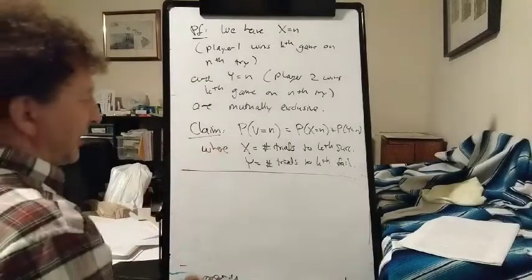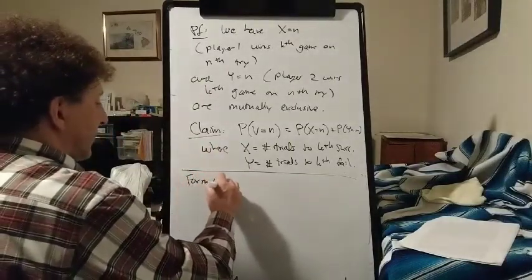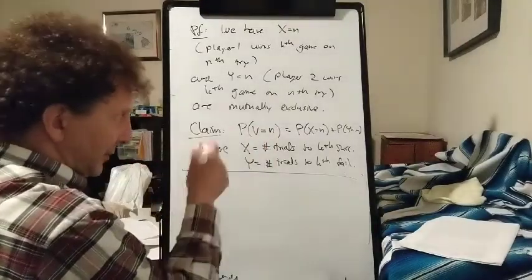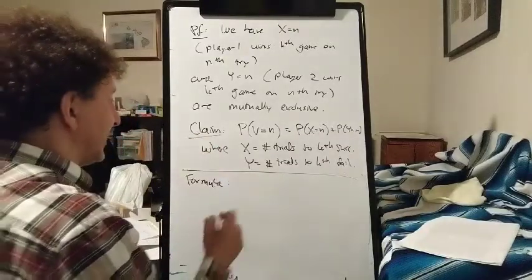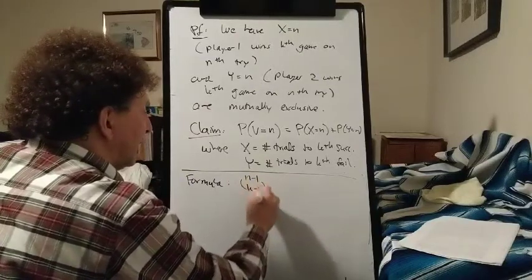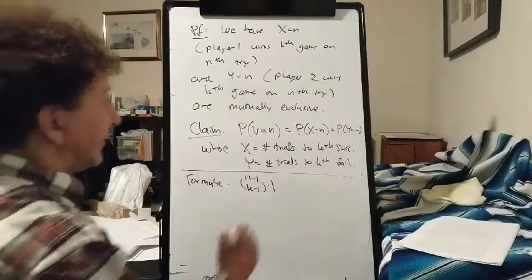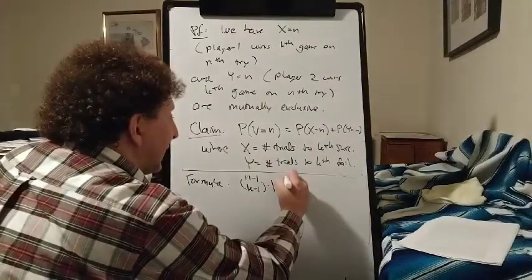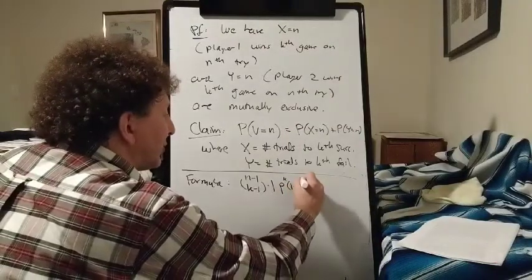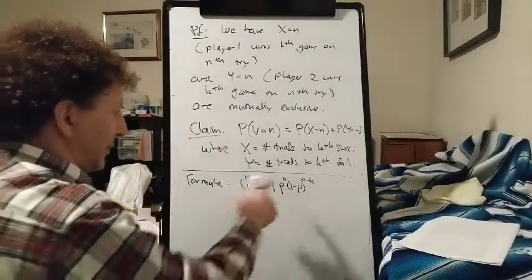And, well, why don't we find a formula for it? So for player 1 to win, the nth game is the kth victory, we have n minus 1 choose k minus 1. So there's k minus 1 victories before the last one, and then a victory on that nth. P to the k victories for player 1, and 1 minus P to the n minus k, n minus k victories for player 2.